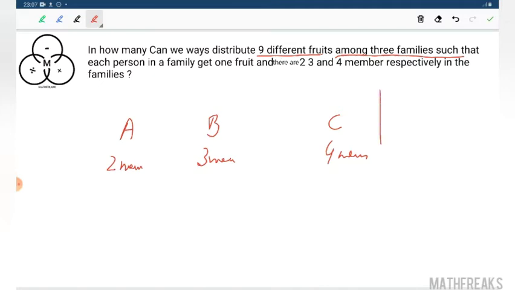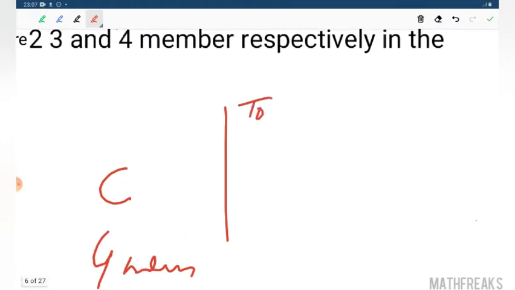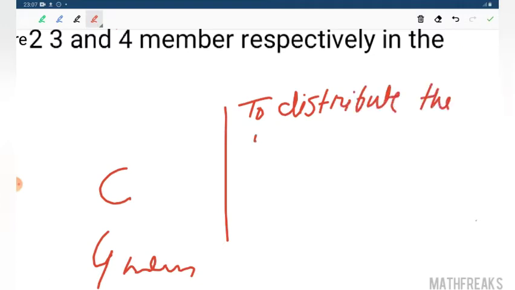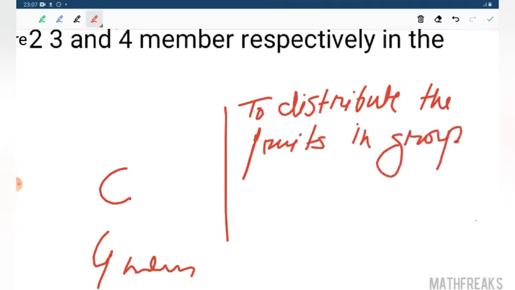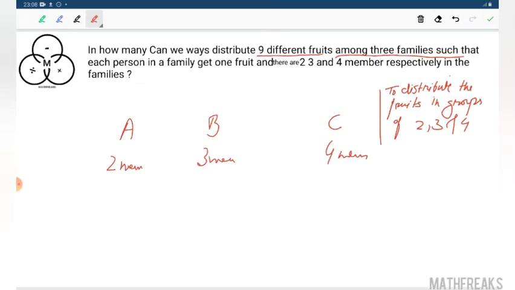Our target is to distribute the fruits in groups of 2, 3 and 4. This is our target.